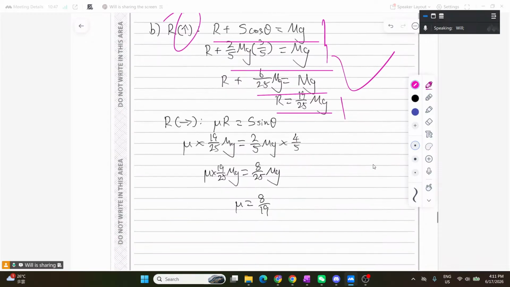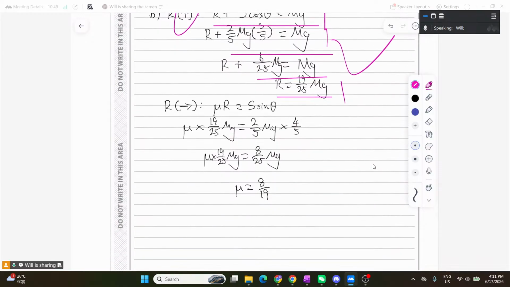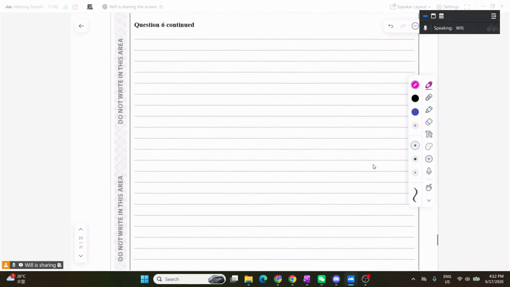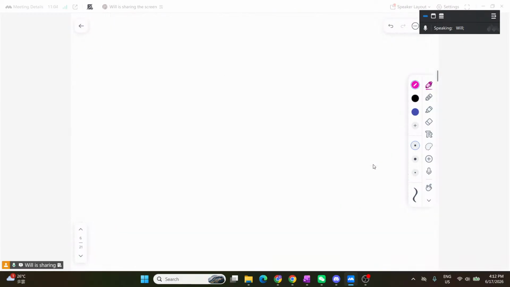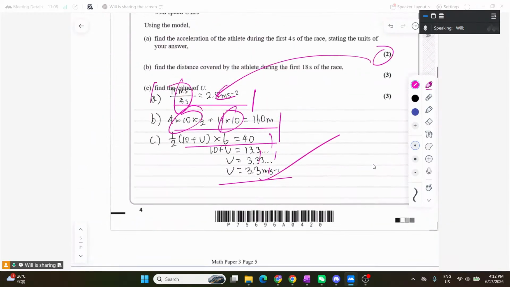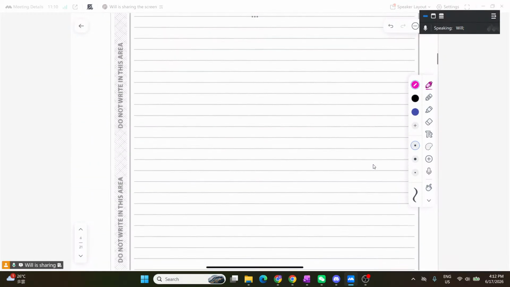Then take it into the horizontal, substitute, and take the mu. Okay, no problem. For this mechanics paper, there are almost really no mistakes.